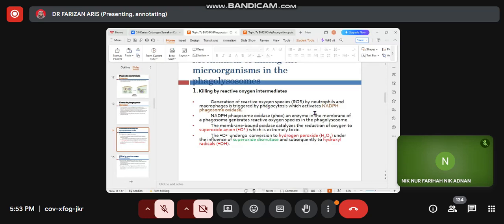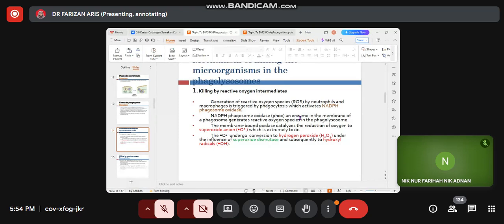Let's look at the mechanism of killing inside the phagolysosome. What is actually happening in the phagolysosome? I mentioned just now there are a lot of antibacterial toxic compounds inside the lysosome, right? That allows the phagolysosome to digest the pathogens. So what are they actually, the antimicrobial compounds? They may include a lot of free radicals. One of them, a very common one, is the reactive oxygen species, the ROS.